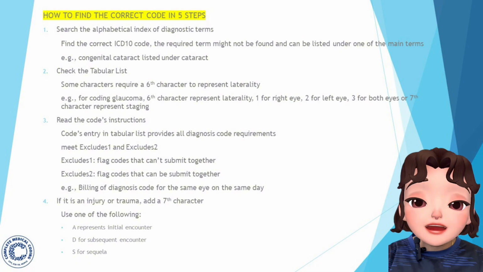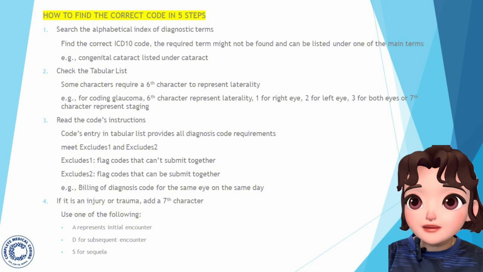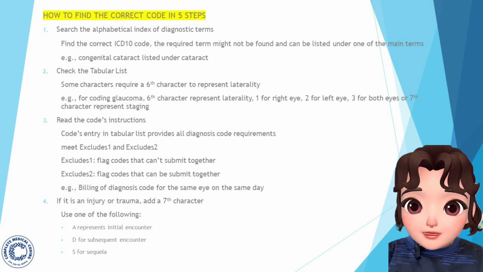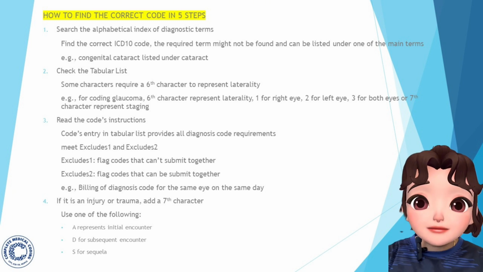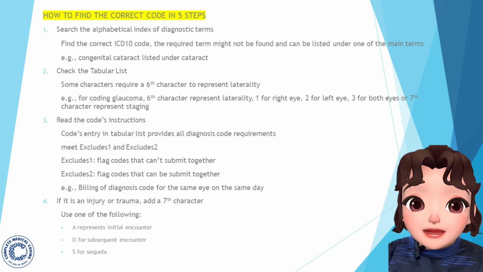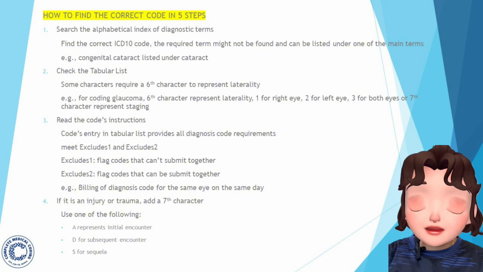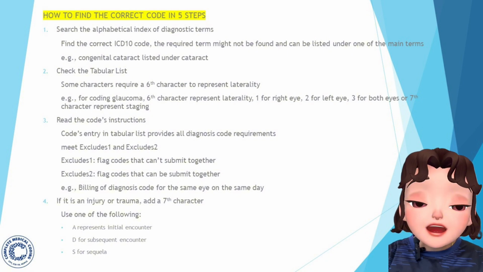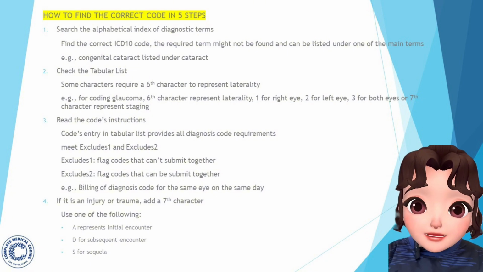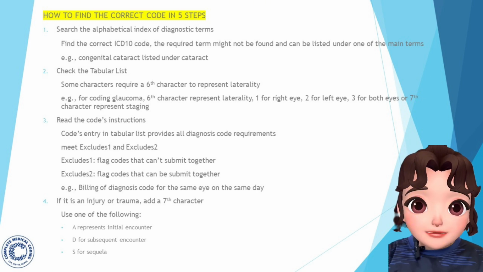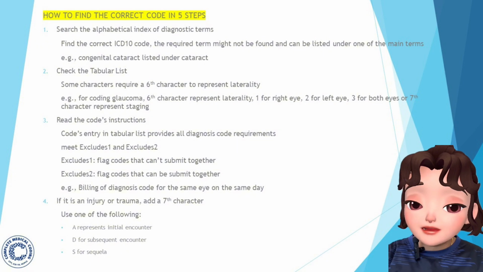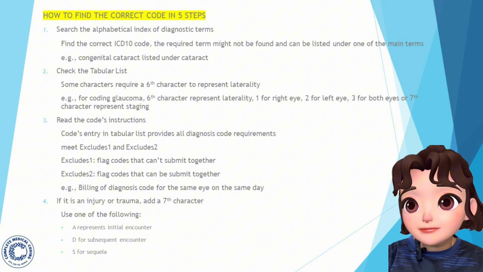When we start learning in more detail, chapter-wise with practice questions, you will understand it more. This just means that there will be Excludes conditions, Excludes 1 and Excludes 2, below a few ICD codes. So if it mentions Excludes 1, we should not bill that code together with our main primary code. If it is Excludes 2, we can bill it together.